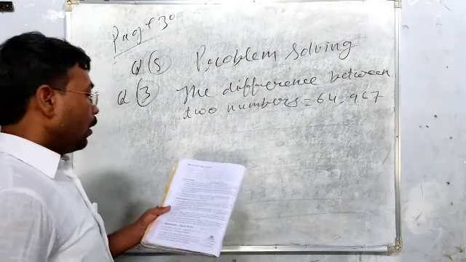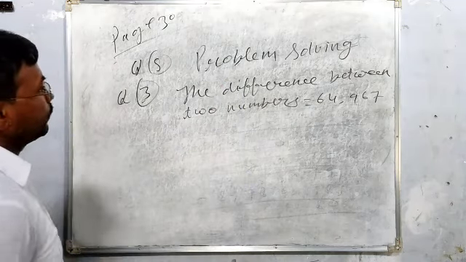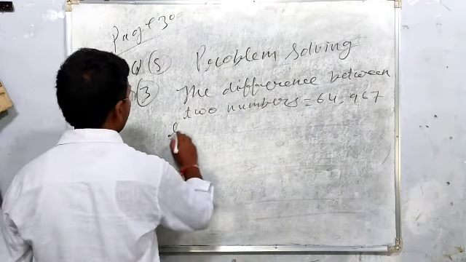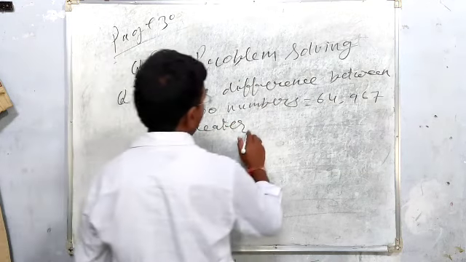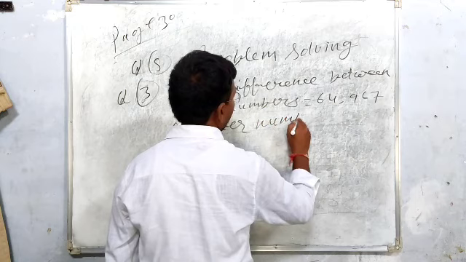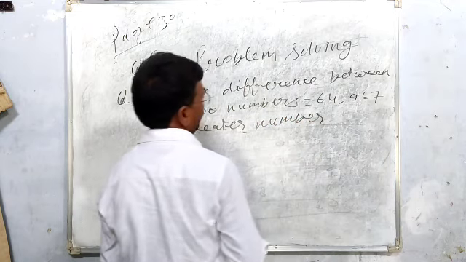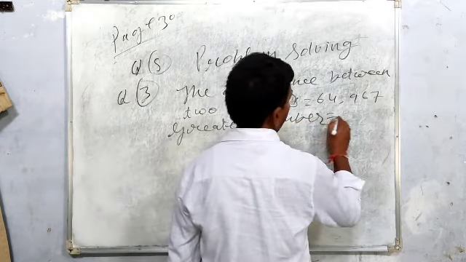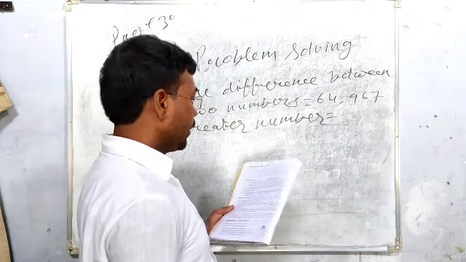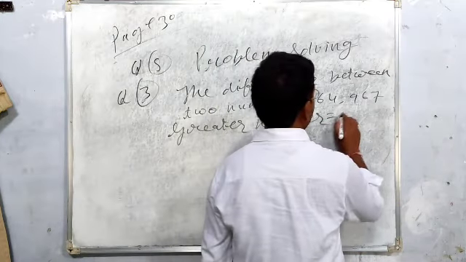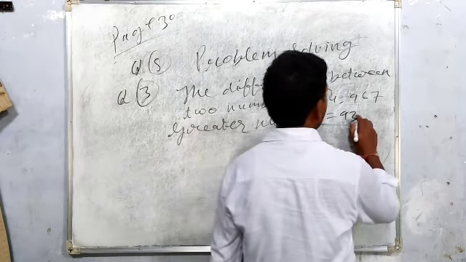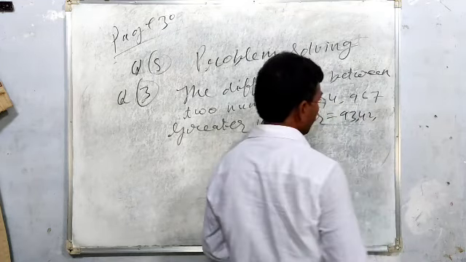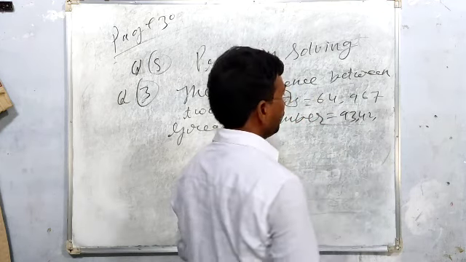If the greater number, and the greater number is given, here given 93 lakh 42,156.